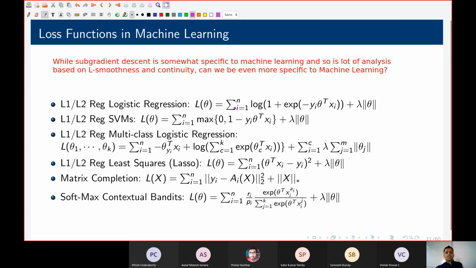What strikes you in all of these? Does this strike you somewhere? The summation component? Summation over all examples. Right? So the summation over all examples should strike you.